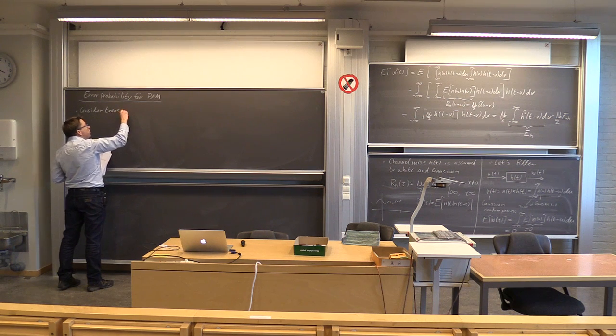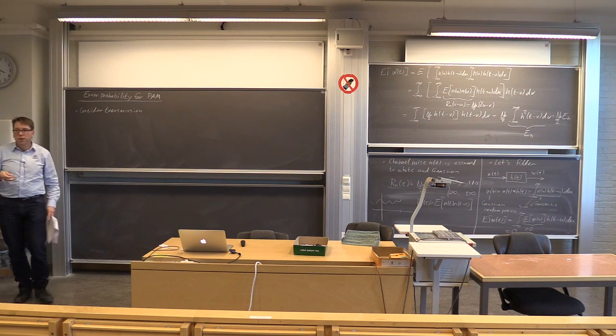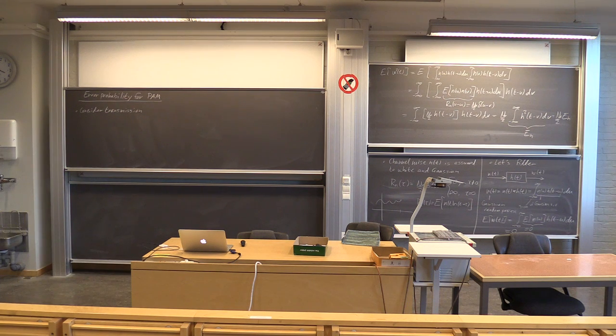So we're going to transmit just one single symbol and calculate the probability that that is in error. And since all symbols will be treated in the same way, that is actually the error probability of any of the symbols that we transmit.